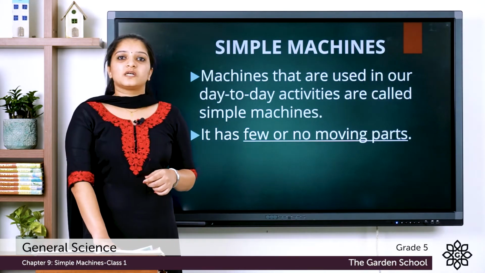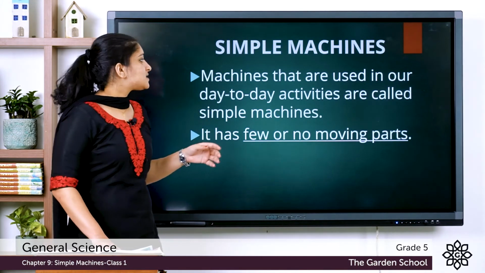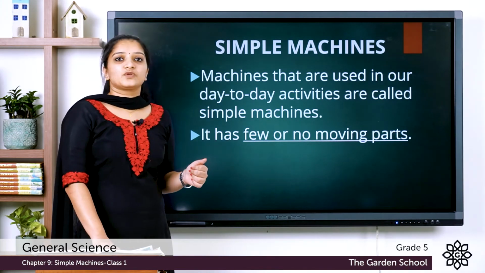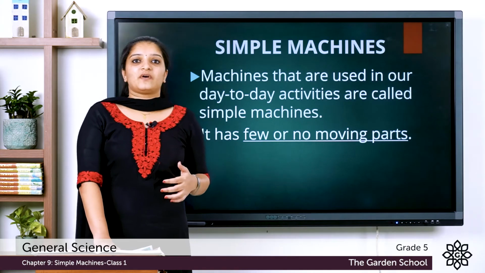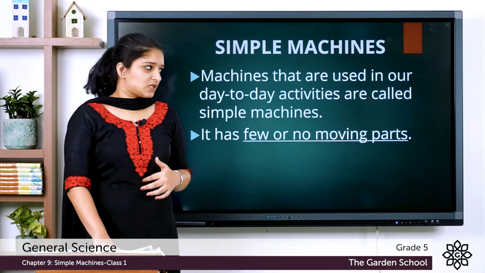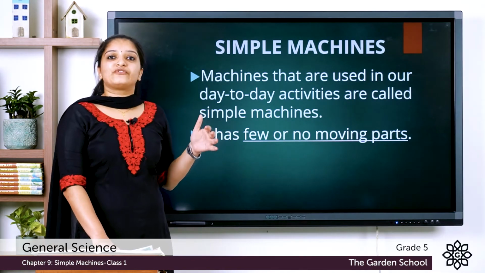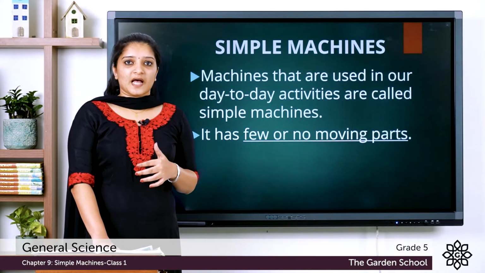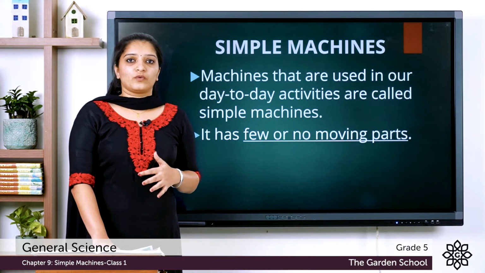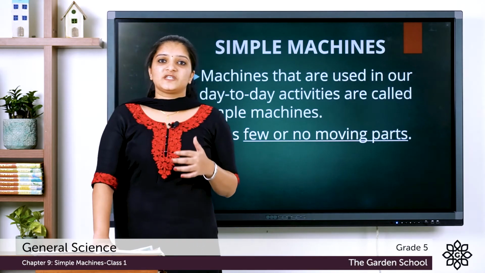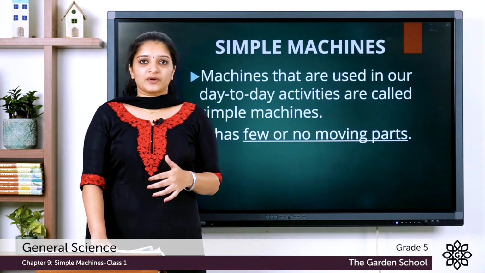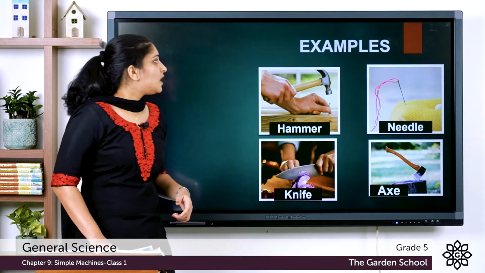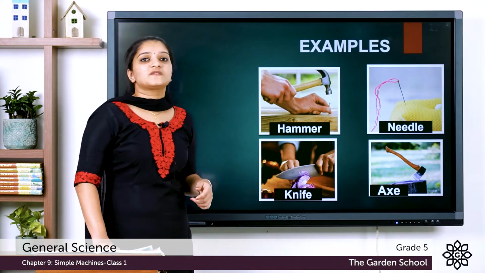First, let's see what a simple machine is. A simple machine is a machine that is used in our day-to-day activities. It has very few or no moving parts. So, the defining feature of a simple machine is that it has very few or no moving parts. Let's consider these examples for simple machines.